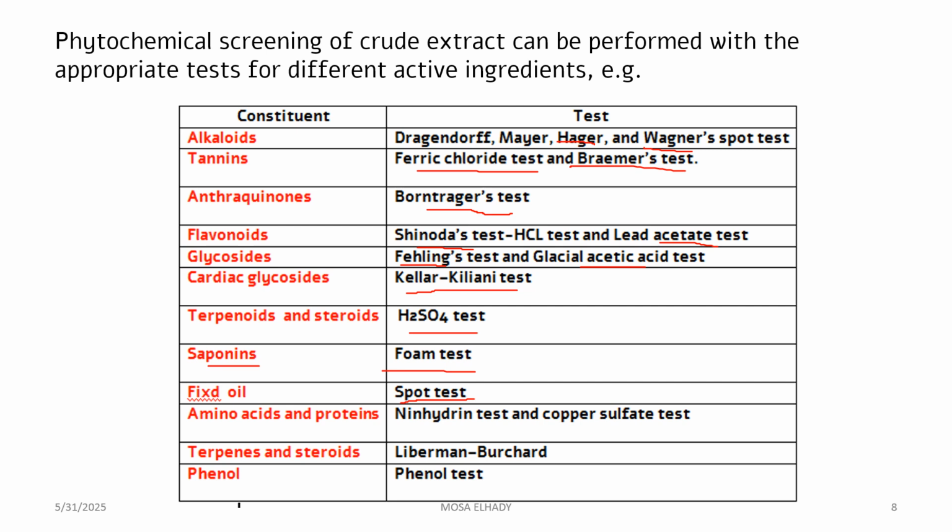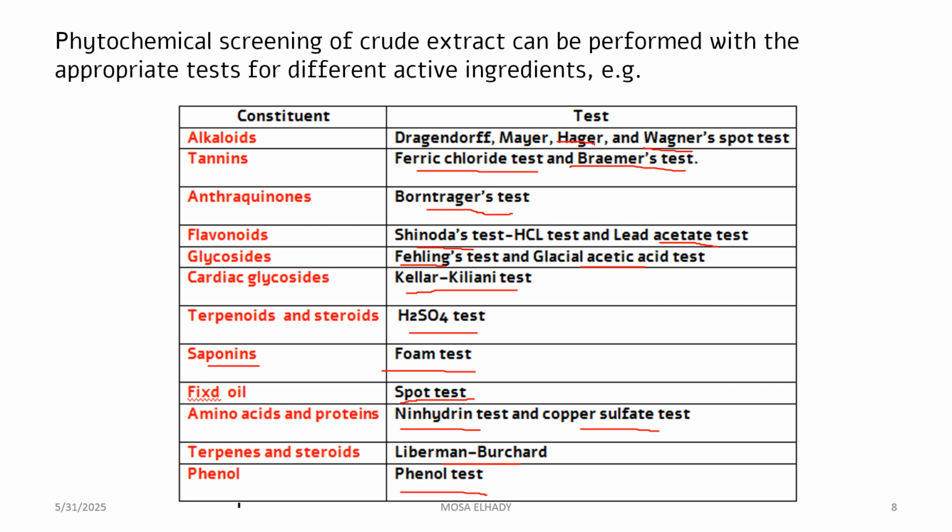Amino acid and protein can be detected by ninhydrin test and copper sulfate test. Terpenes and sterol can be tested by Liebermann-Burchard reagents or test. And phenols, lastly, can be tested by phenol test.